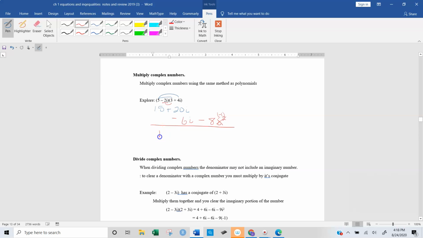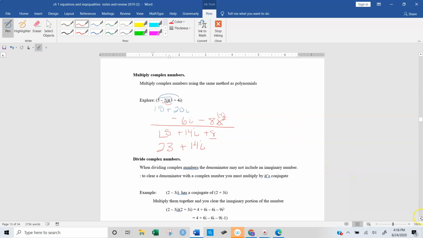The 15 is going to come down. Combine these two because they're both i's. So that's plus 14i. And this, instead of -8, is really plus 8. Combine your real terms. You could have done this in one step up here if you wanted. So now we have 23 plus 14i. And that's your final answer.